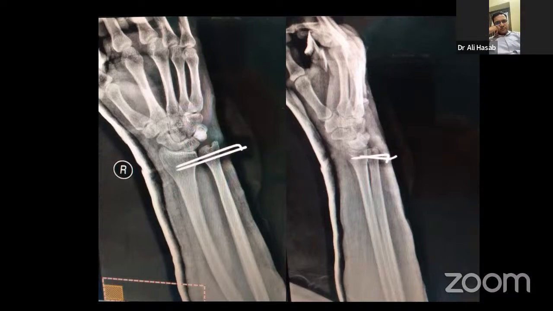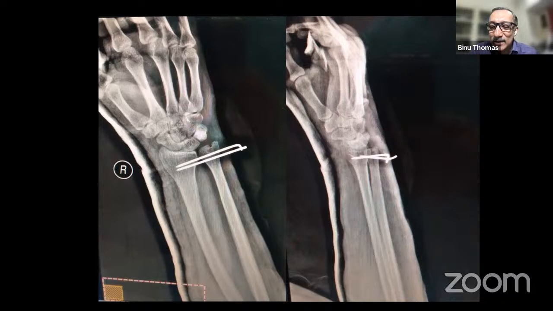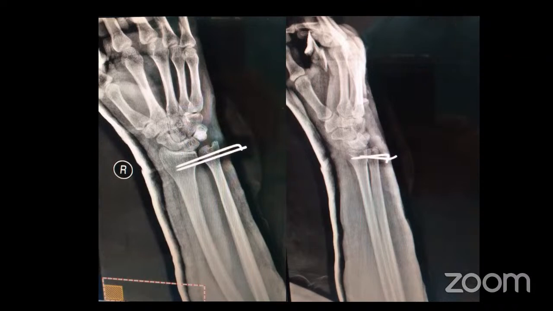But at the same time, if you are the patient, do you want to wait for 6 weeks and be told that, sorry, this didn't heal, so now we'll have to do another procedure? So this is where the decision has to be taken. If it is frankly unstable, as you said, and anyway you need to have surgery, you know that it's not going to heal. Then there is a point in trying to find out where exactly the lesion is and doing the appropriate surgery immediately. Immediately in the sense, with a plan.